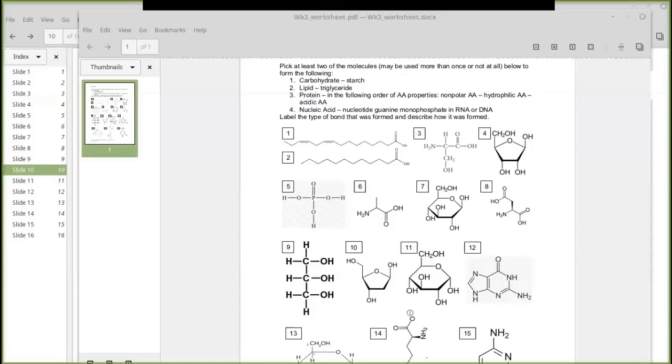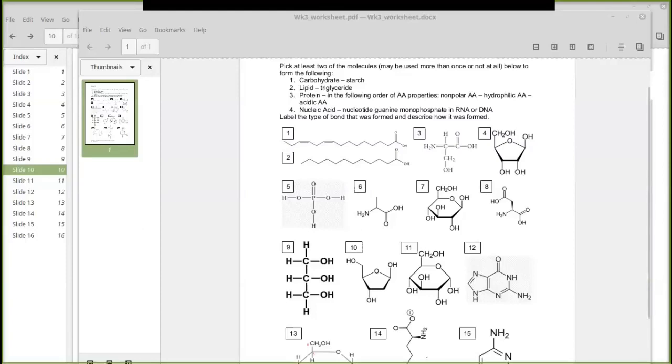Out of all these molecules, what would you use as a proper sugar to form DNA? Oh, it's a 10.